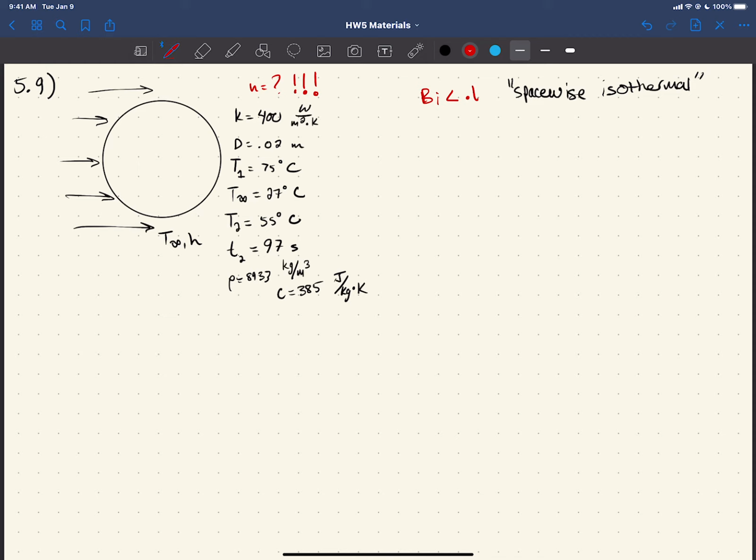Space-wise isothermal means it's a constant temperature with regard to space. The temperature doesn't change as you move throughout that solid object. So the temperature at the center is assumed to be equal to the temperature at the surface, and then we can do everything like we have been doing.